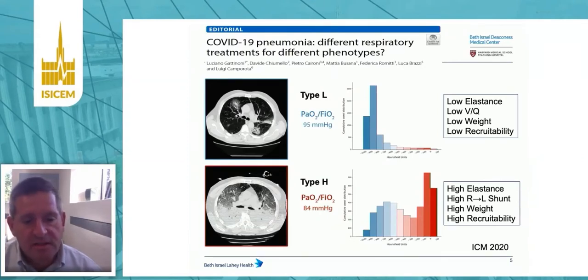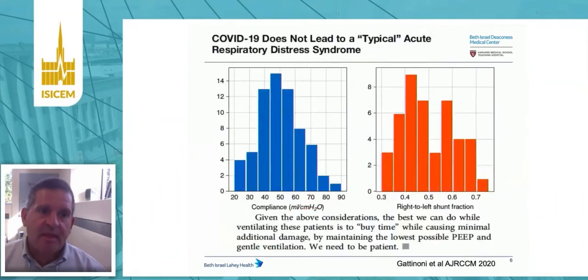On the other hand, type H, or high, are characterized by high elastance, high right to left shunt, high weight of the lung, and high recruitability. And the crux of the argument is that these are two different phenotypes, that type L is very different from our typical ARDS and may require a different approach to mechanical ventilation.